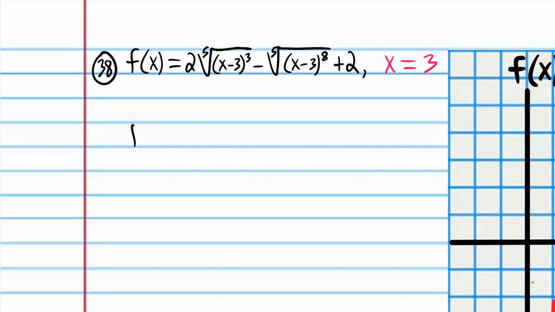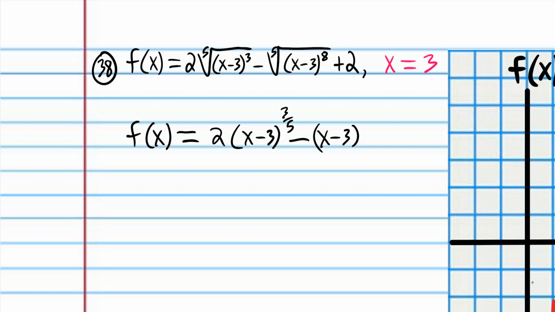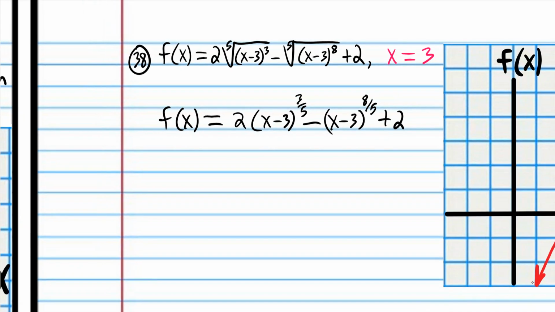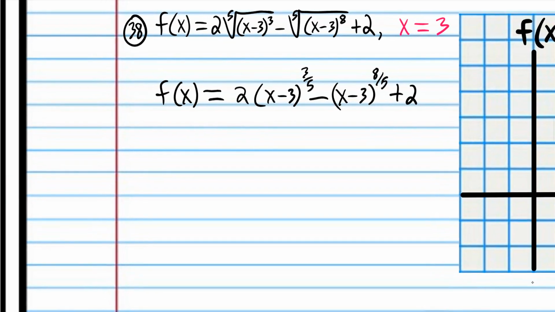Now, it's a lot easier to find the derivative when we change these expressions to x minus 3 to the 3/5 power and x minus 3 to the 8/5 power. Now we can find the derivative, and we're just going to use all of our differentiation formulas.